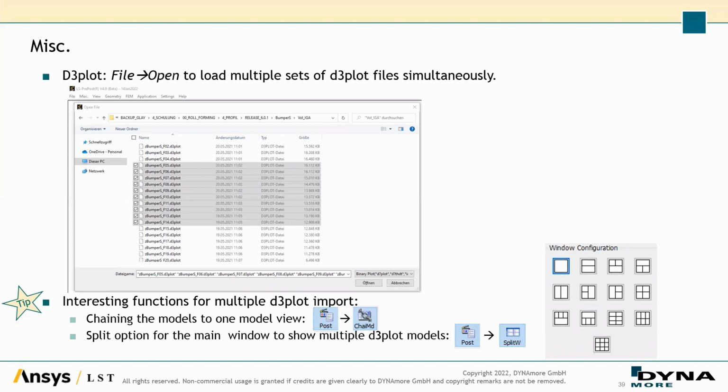For example, if you have to compare different variants and you check one critical area in one D3plot animation, then you can activate zoom, rotation and active parts for all of your D3plot models.